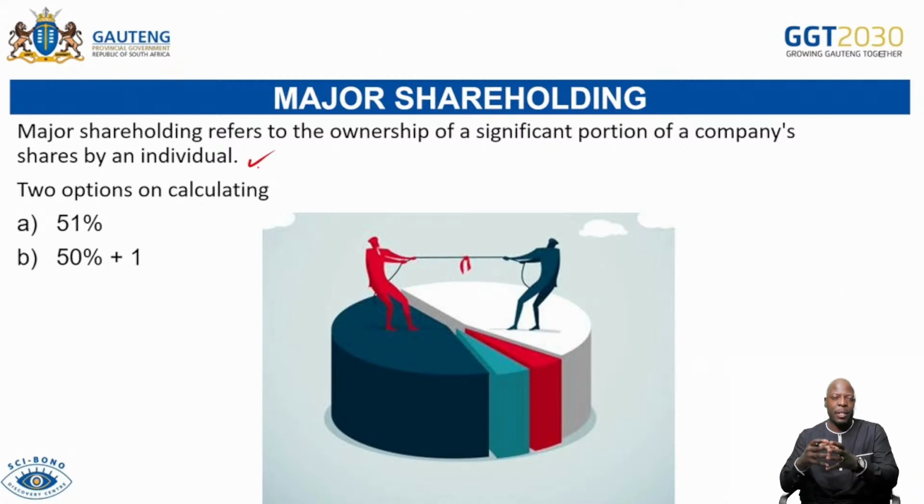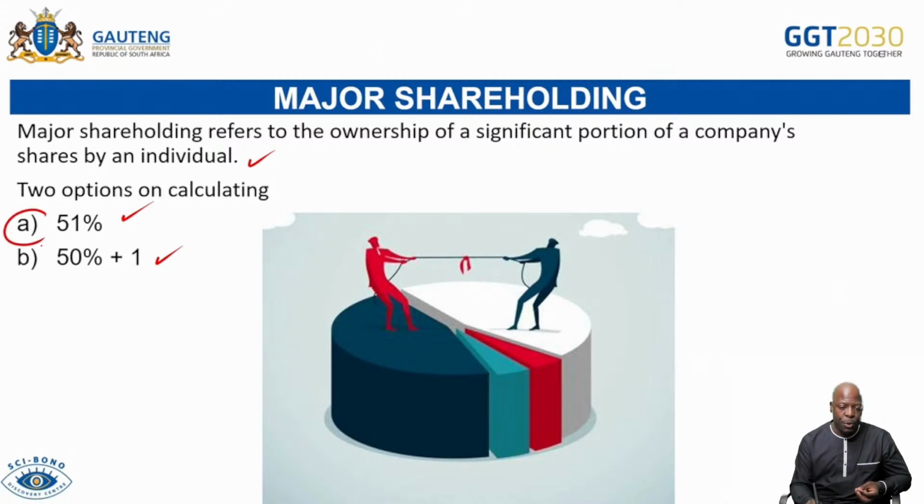So you can find that in a particular company, there's an individual or a family that holds a significant portion of that company's shares. And then there are two options in calculating whether you're a majority shareholder or not: 51% and then 50% plus 1. There's another one also, 50% plus 100. But for the sake of this lesson, I'm going to be using option A only, 51%.